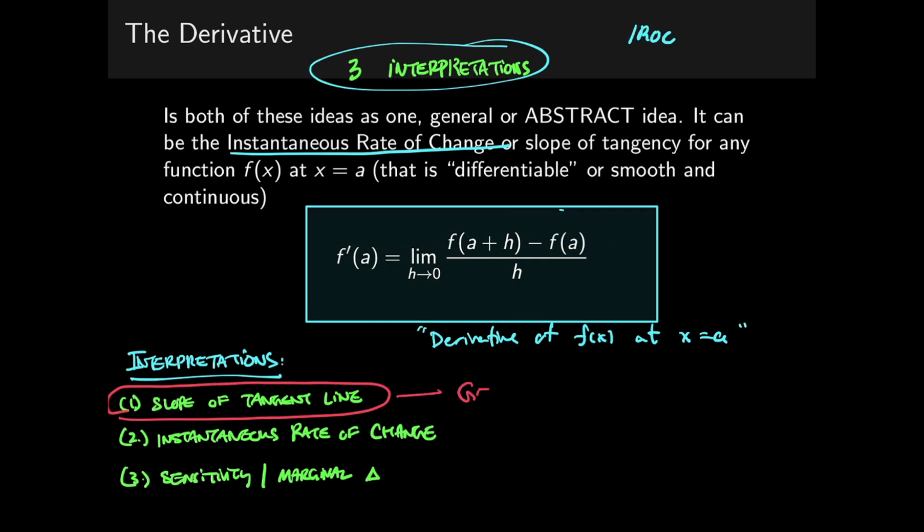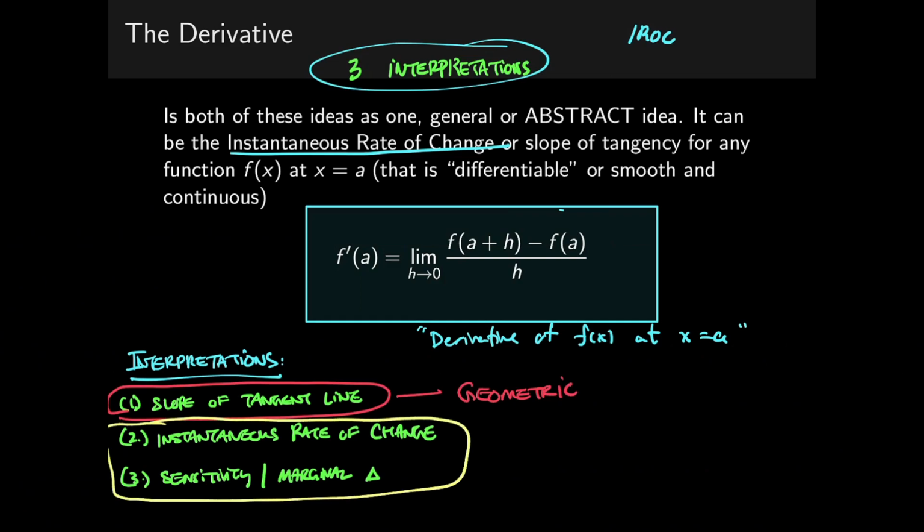The geometric understanding of what the derivative is, as well as the physical. I'll put this in quotes because I mean physical or contextual. It doesn't need to involve physics. It could be economics or biology.